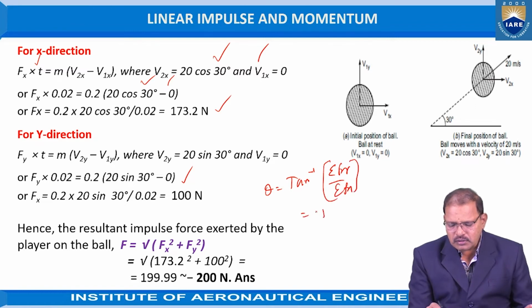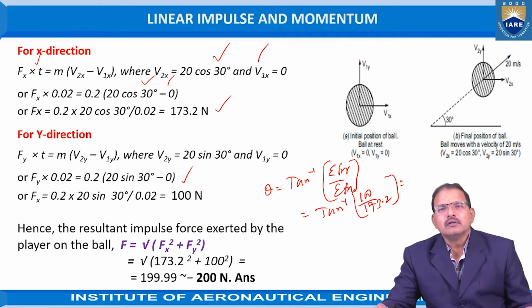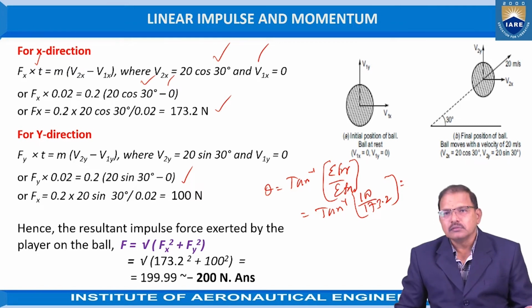It is equal to tan inverse of 100 divided by 173.2. Okay, this is the equation to determine the magnitude as well as the direction of the force which is acting on the ball.